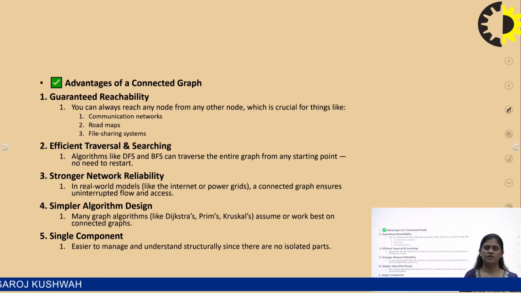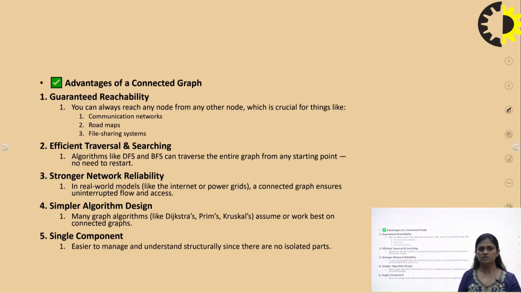Using algorithms like BFS and DFS you can traverse the entire graph from any starting point to reach all nodes. Third one is stronger network reliability. In real world models like the internet or power grid, a connected graph ensures uninterrupted flow and access. Fourth one is simpler algorithm design.